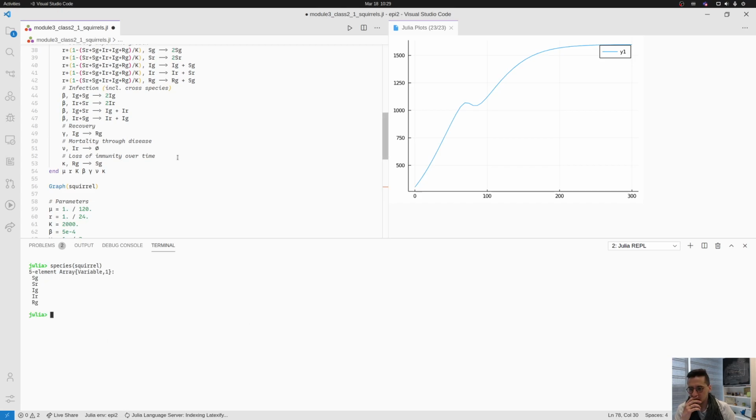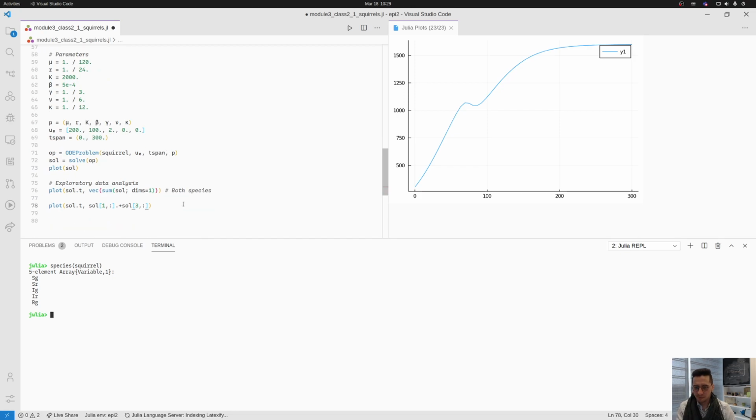S, G, I, G, and R, G. So it's the gray one. 1, 3, and 5. So that is species number, let's call them gray, that's species number 1. And then the second population is 2 and 4.